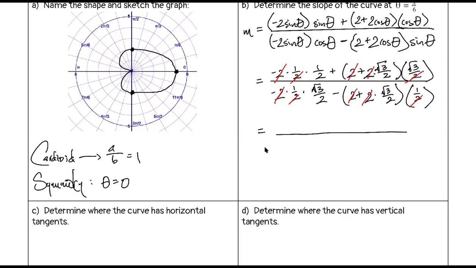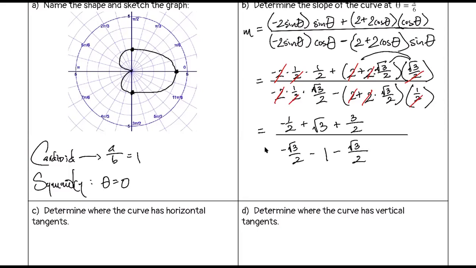That gives me negative 1/2 for the first term, plus I'm going to distribute here and distribute here. I get plus √3 plus 3/2. I do the same thing in the denominator. I get negative √3/2 minus 1 minus √3/2.